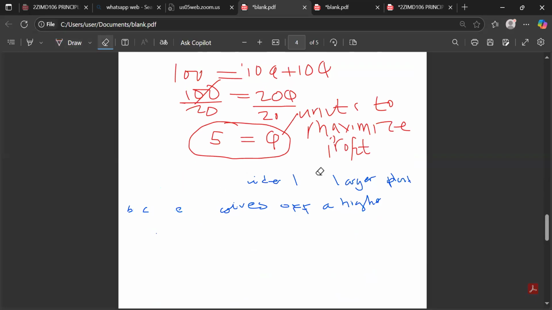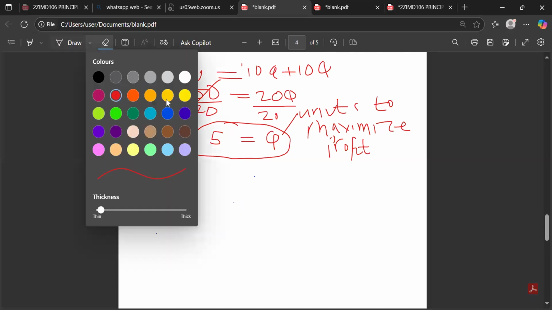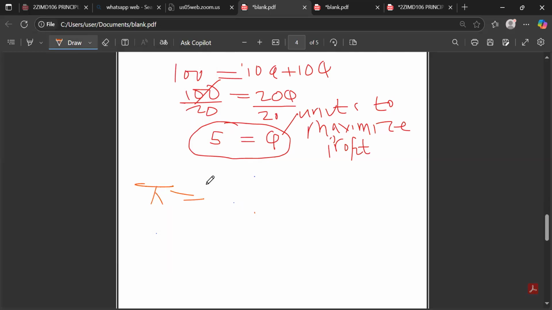In your own time, as homework for today, I want you to calculate the profit function. The symbol for the profit here is equal to total revenue minus total cost.